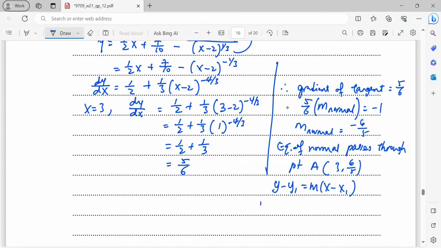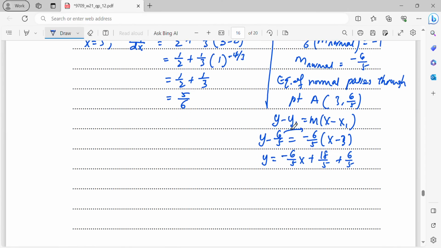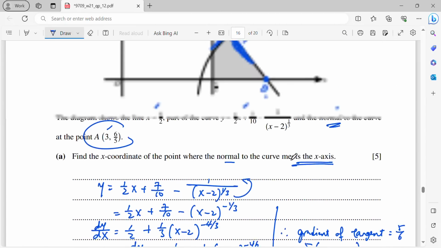So it will be y minus 6 over 5 equals, the m is negative 6 over 5, times (x minus 3). Now you can simplify this. y equals negative 6 over 5 x, so minus minus is a plus 18 over 5. This minus 6 over 5 moves over as plus 6 over 5. Then at last you will get y equals negative 6 over 5 x plus 24 over 5. This is the normal line.